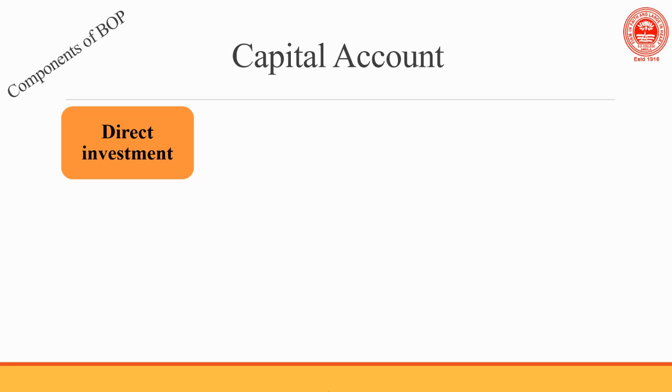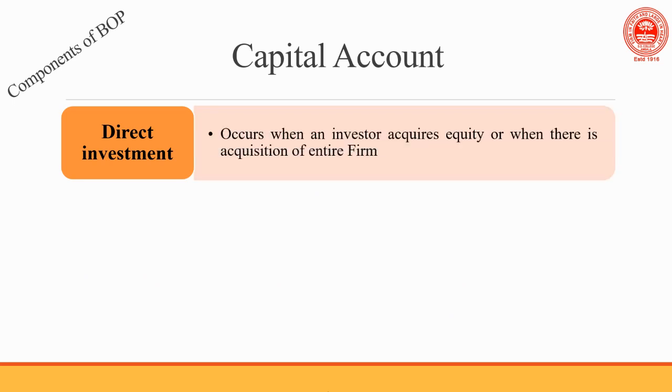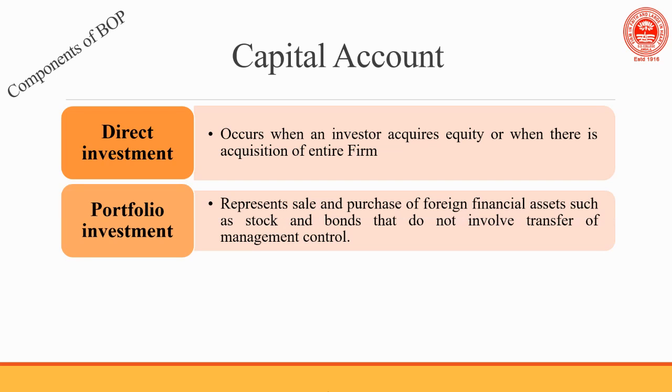That means direct investment occurs when an investor acquires equity or when there is an acquisition of the entire firm. Second, in form of portfolio investment, that is, it represents sale and purchase of foreign financial assets such as the stocks and bonds that do not involve the transfer of management control.